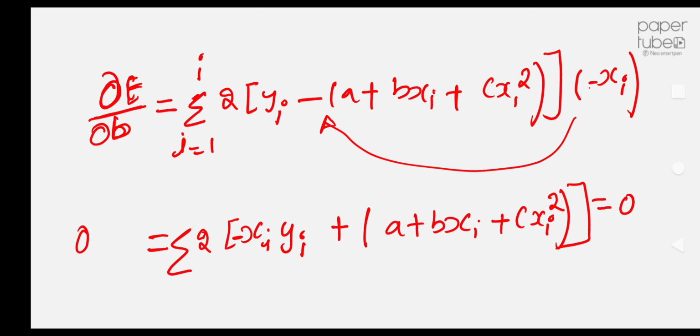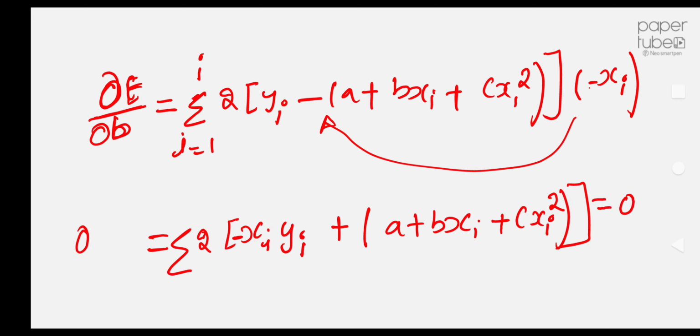You have y1, you have a plus b x1 plus c x1 square, just follow the red box. We are differentiating with respect to c.